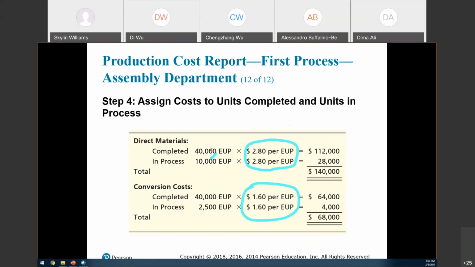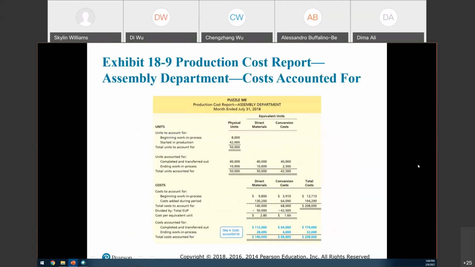And each times completed EUPs and in-process EUPs, we get this result to be filled in the production cost report as the last step.